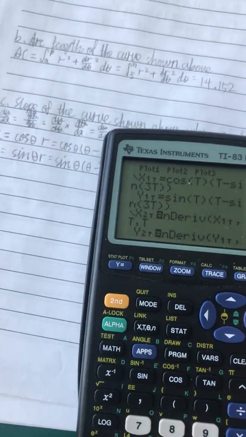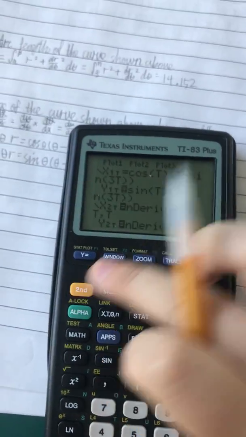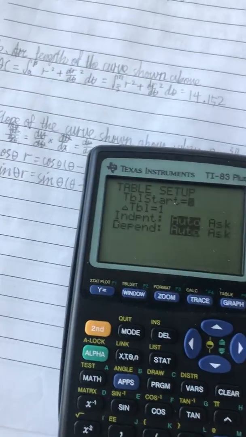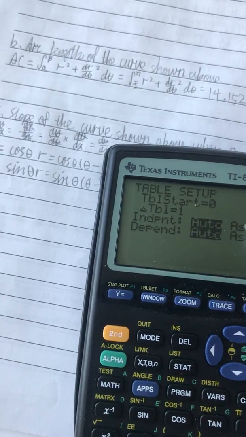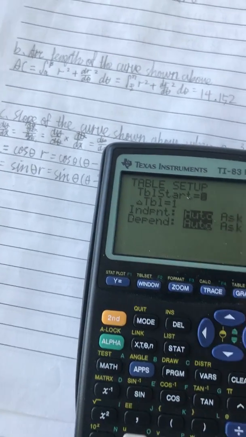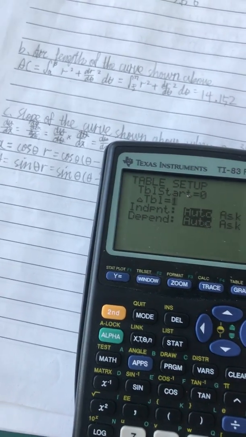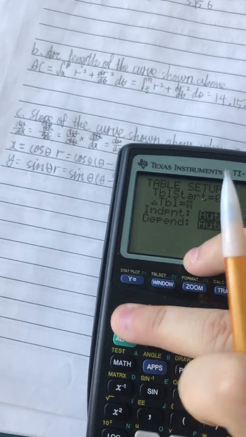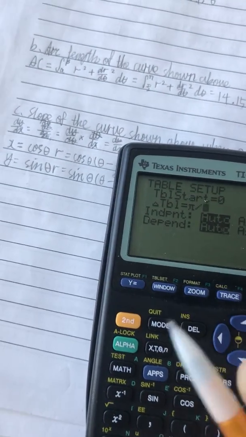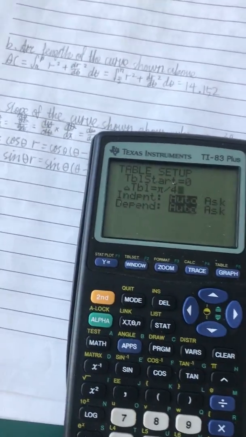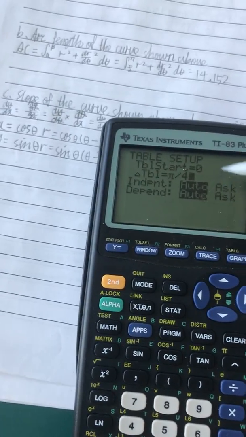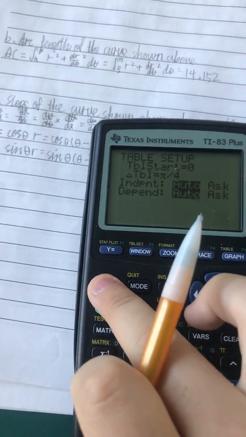In order to get an appropriate table, we have to go to the second window and change something. We want the table to start at x, but we want the scale to be pi over 4, because otherwise we wouldn't be able to find pi over 4 since it's not a whole number.